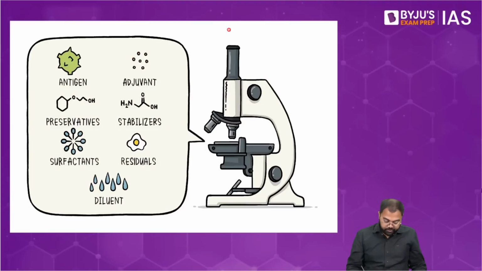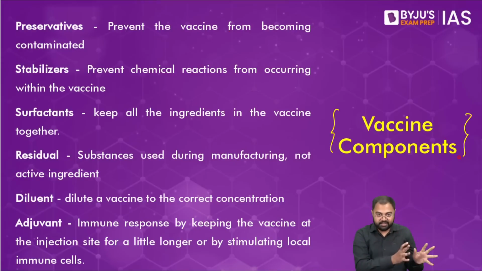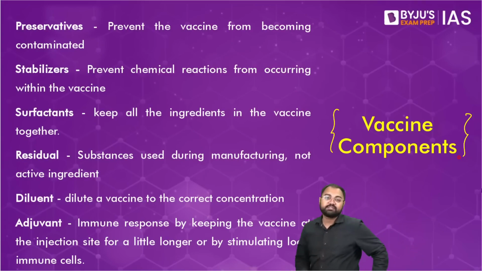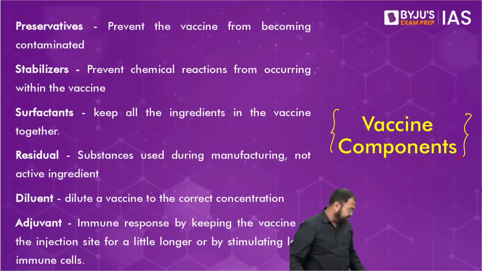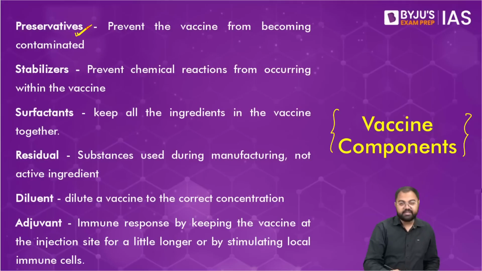Now, one more thing to understand is about the components of the vaccines. That vaccine, yes, it has that antigen that we talked about, but it's not only that antigen that it has. There are other things apart from those antigens that the vaccine has. And that is where understanding in one line what all the vaccine has also becomes important. So first, there are some preservatives.